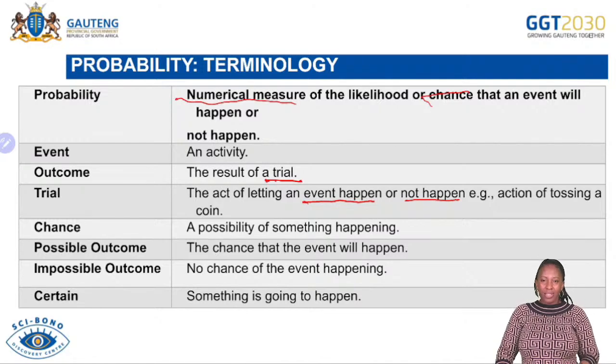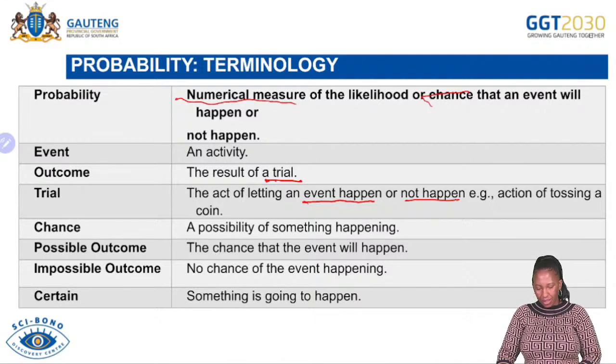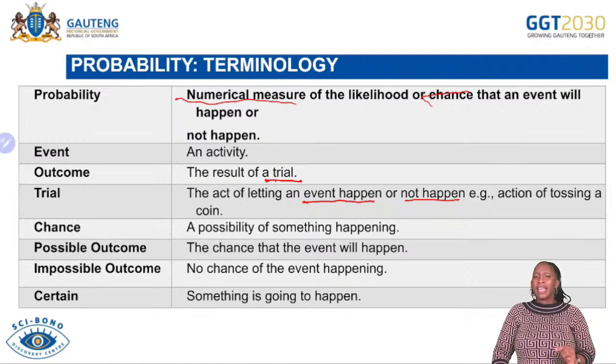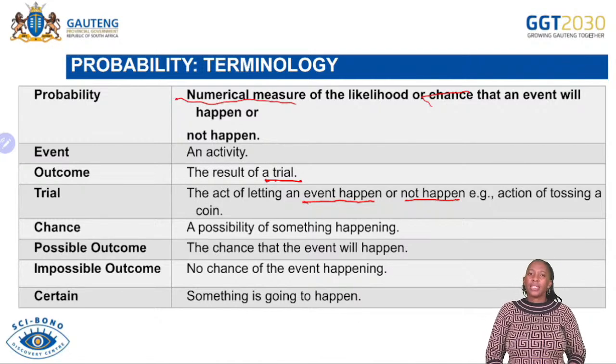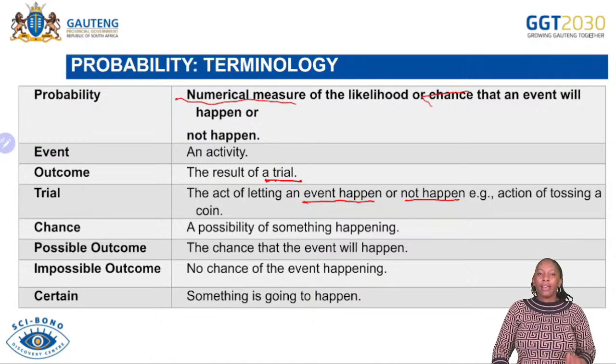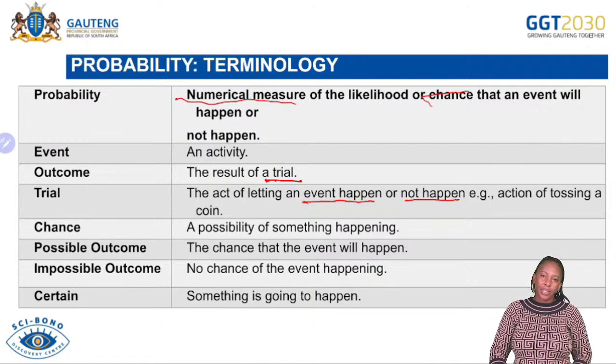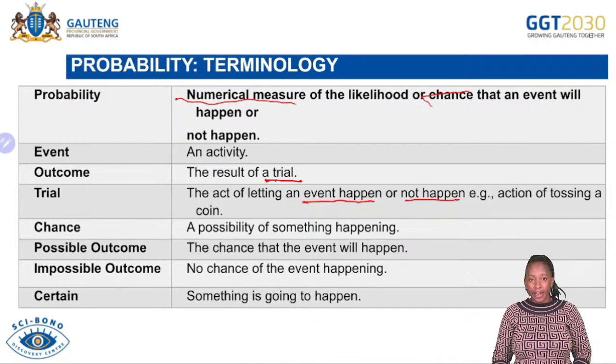And then the impossible outcomes. Remember I was talking about tossing a coin. As I toss a coin, throwing it up in the air, I expect a result. The result I'm expecting can either be a head or a tail.